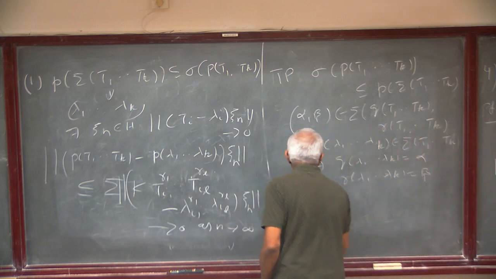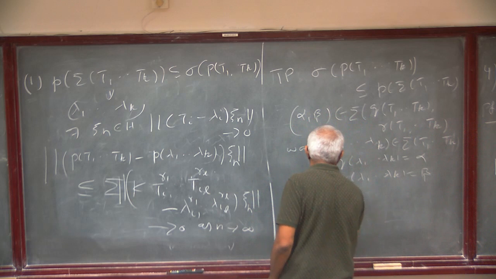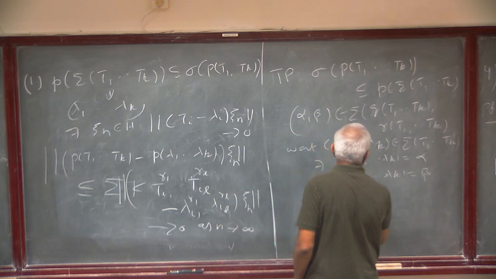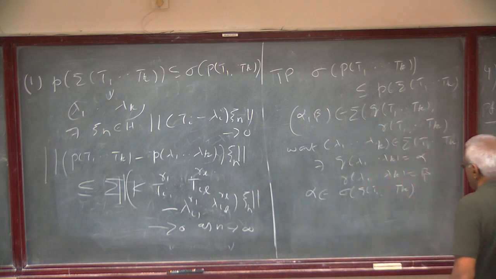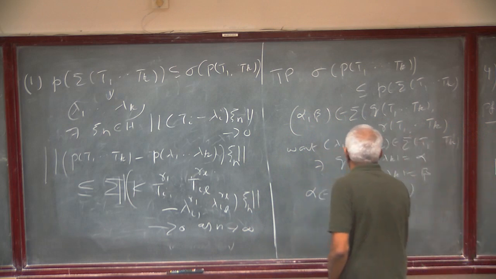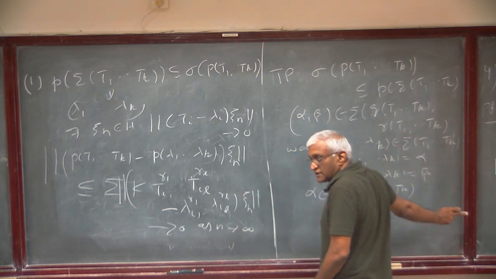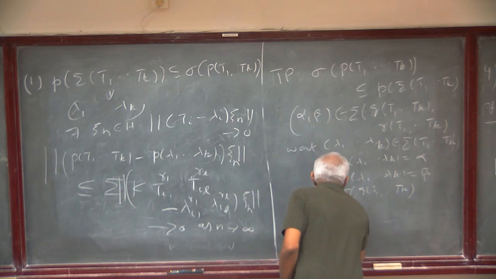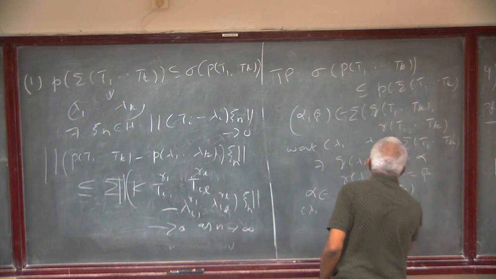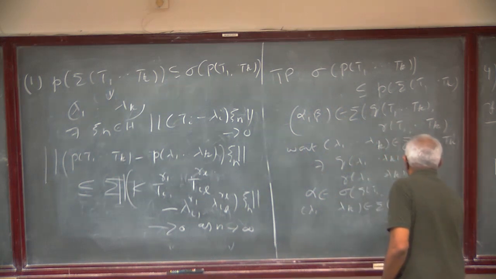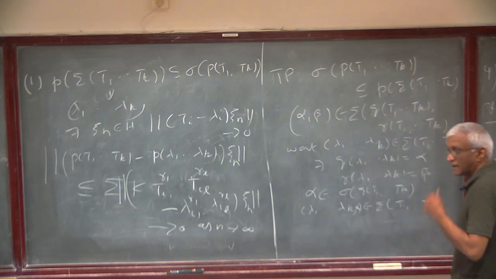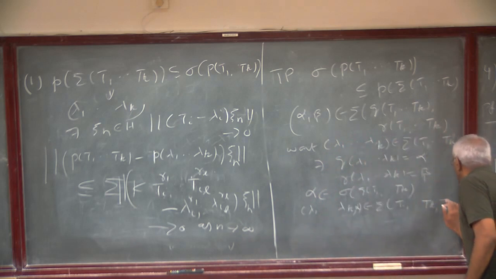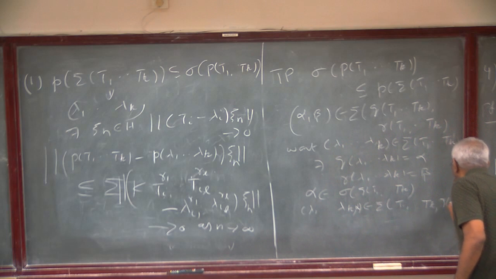See, if you have an alpha here, alpha is in the spectrum of Q of T1 up to Tk. Then by the earlier proposition, you get lambda 1 up to lambda k in the spectrum of T1 up to Tk, and you can insert the alpha also, such that this is in that.